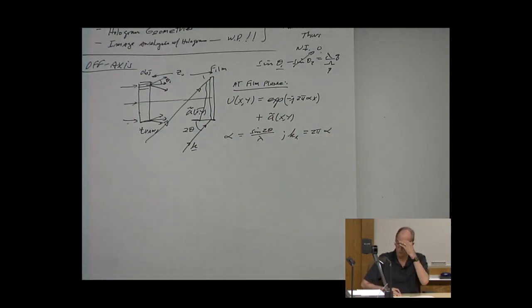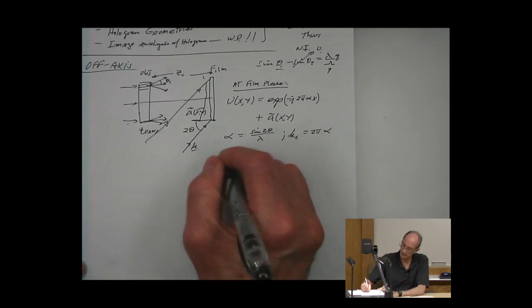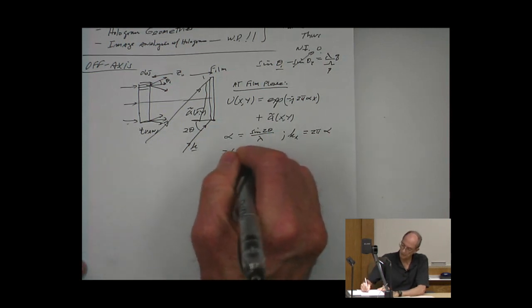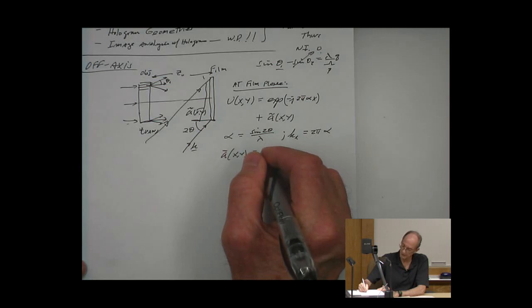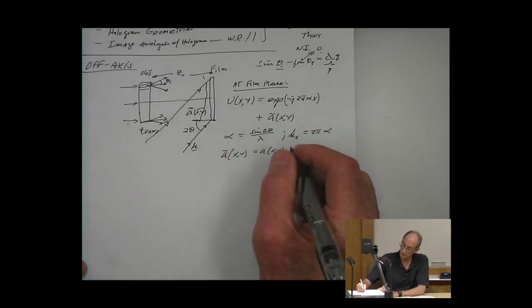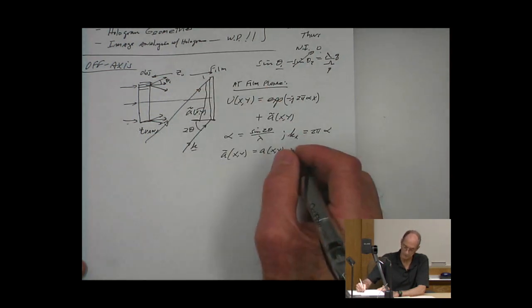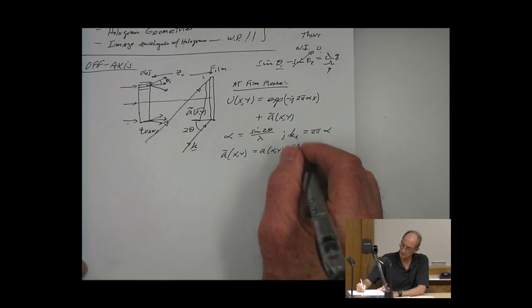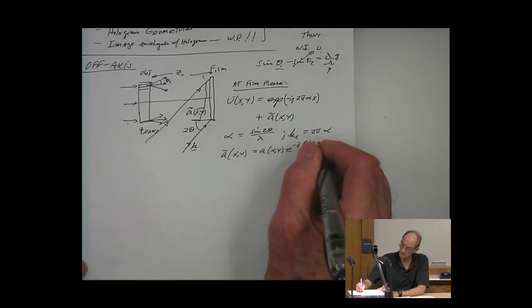And this a of x, y will have an amplitude, maybe not unity, varying along position in the film plane, with a phase e to the minus j phi of x, y.